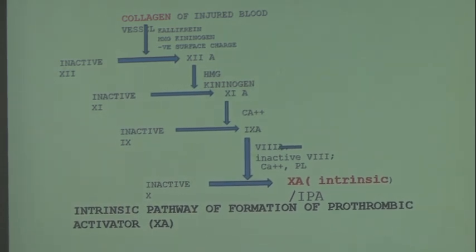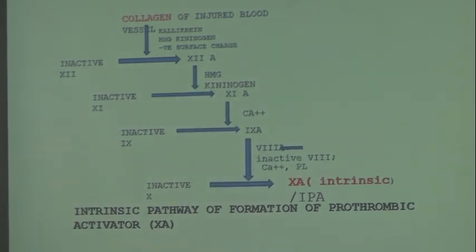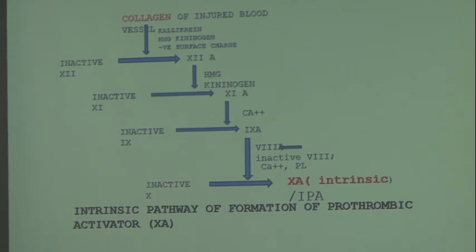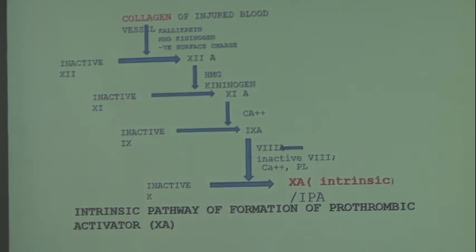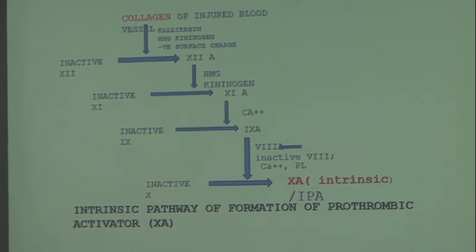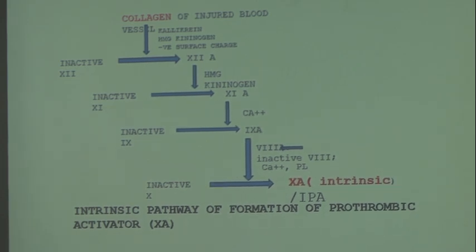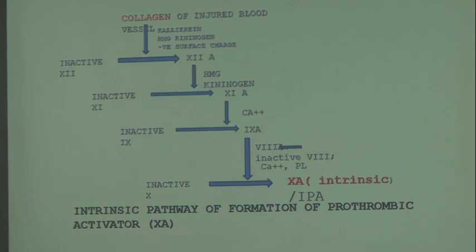This is an active enzyme. All these factors, other than two, are proenzymes. Two are not enzymes: one is tissue thromboplastin and another is calcium. All others are actually proenzymes. When they are activated, they form active enzymes, and they will do some reactions.